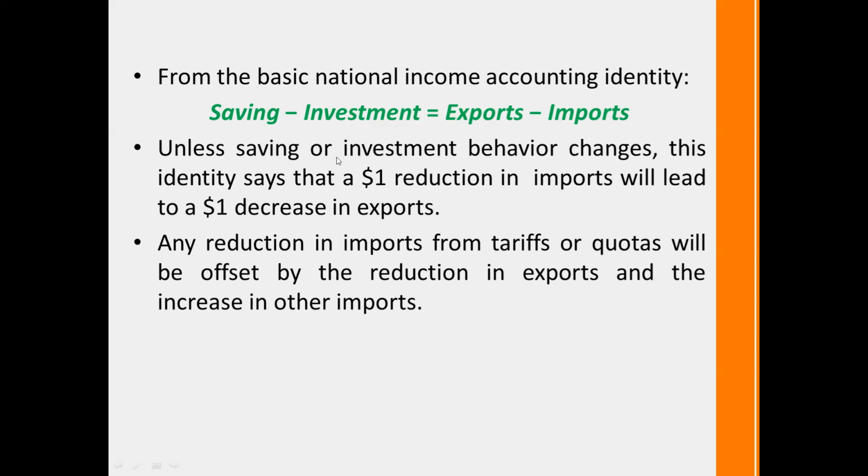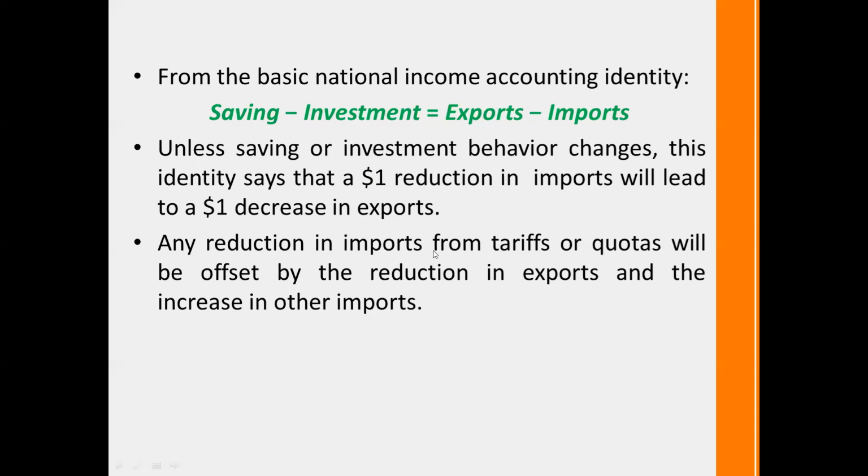If we try to impose tariffs or quotas, and we have reduced $1 of import due to the tariff and quota, that will end up decreasing export by again $1. What happens in the end? Export also decreases.